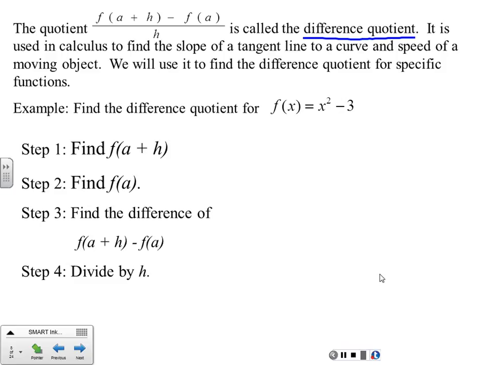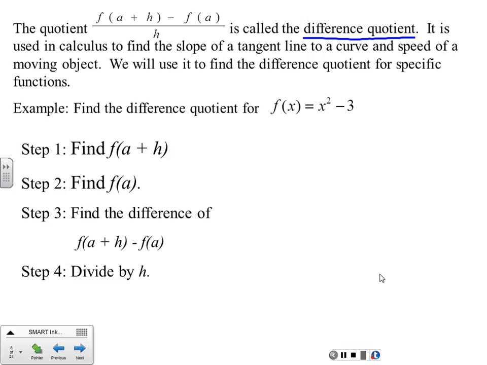So you need to know how to do it before you get into calculus, because if you don't learn it now, you're going to be like, oh my gosh. For the difference quotient, we're going to use substitution, exactly like what we've been doing here, and figure out what the difference quotient is.